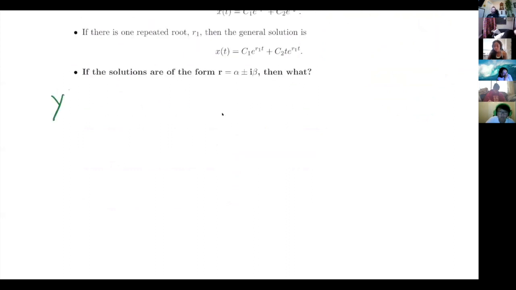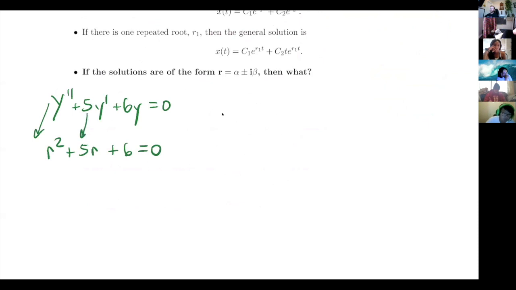So for example, if I were trying to solve a differential equation such as this one, just to review the process we went through last time, we would first set up the characteristic equation, just by pulling the coefficients from the differential equation down to the corresponding quadratic equation. Then we would try and solve that resulting equation.